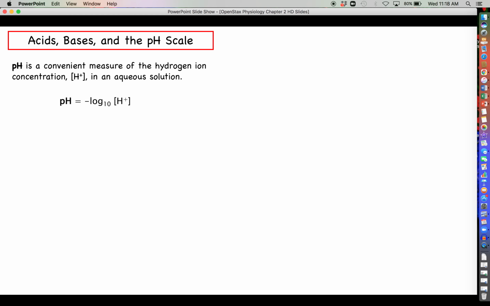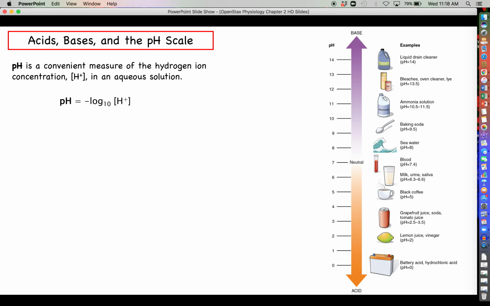So pH is just a convenient measure of the hydrogen ion concentration in an aqueous solution. That's all it is. It's just there out of convenience to give us a general idea of how many hydrogen ions are present in a given solution. So the pH scale runs generally from 0 to 14, 0 being very acidic, meaning there are a lot of hydrogen ions, and 14 being very basic, indicating that there are not very many hydrogen ions, but there are a lot of hydroxide ions.